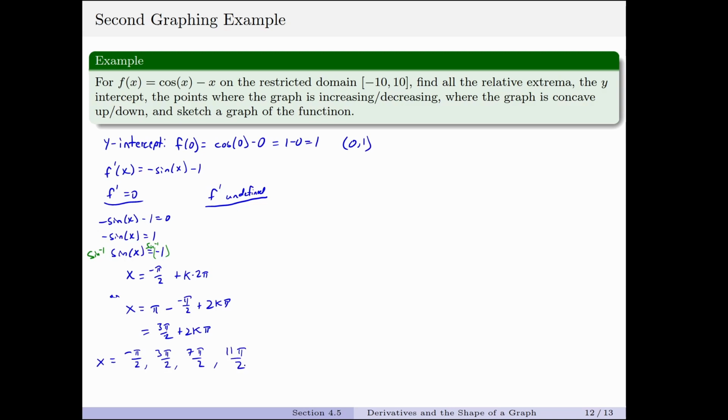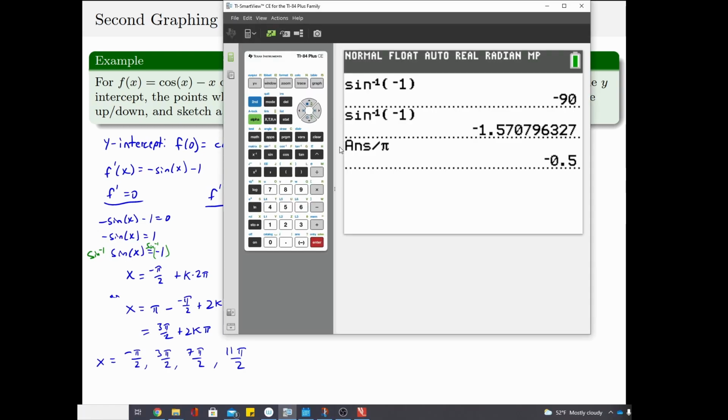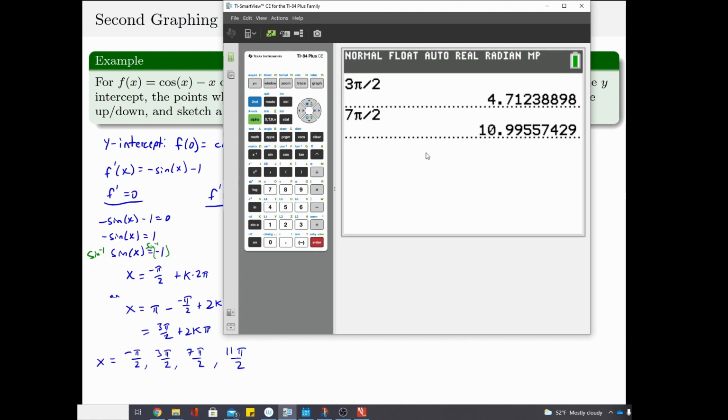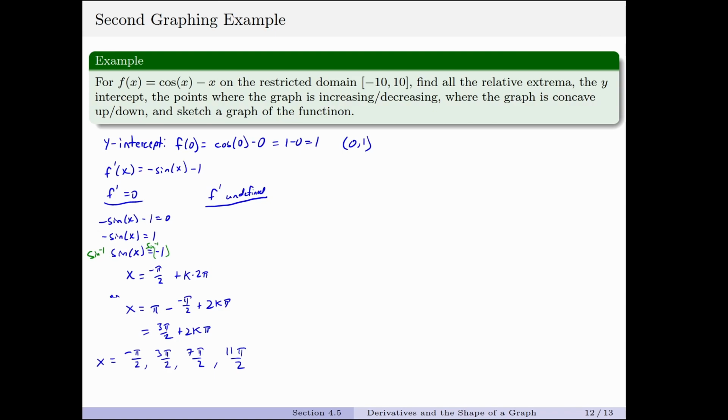And at some point, I'll have gone beyond 10. So maybe I can use my calculator to help me and say, all right, what is 3 pi over 2? That's not more than 10. Okay, now what is 7 pi over 2? That is more than 10. So the 7 pi over 2 and the 11 pi over 2 are too big.